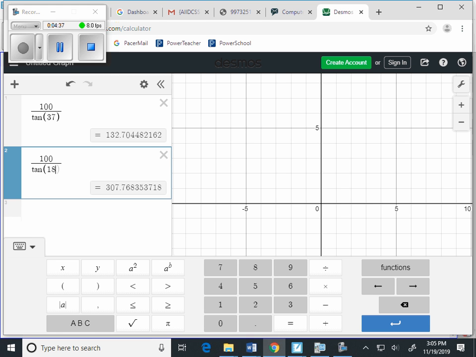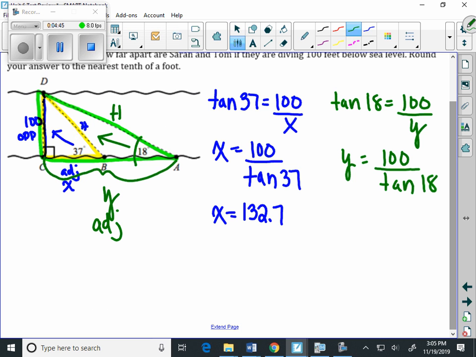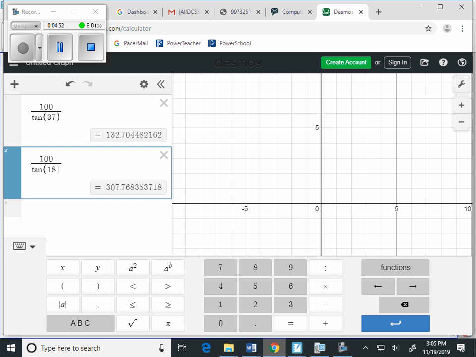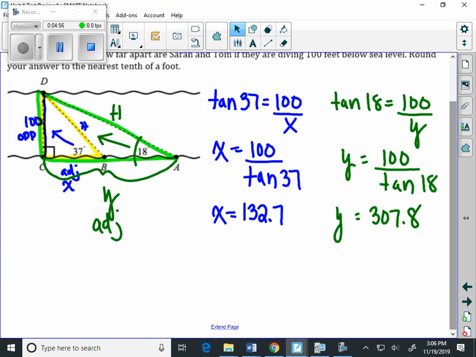And we get 307.76, which is going to round to 307.8. I want to look back one more time just to make sure I didn't copy it wrong. 307.8.